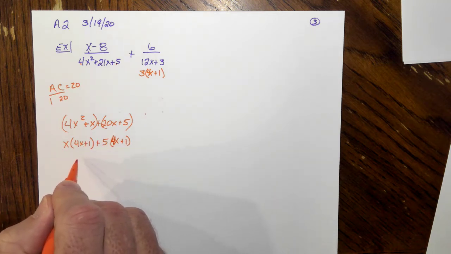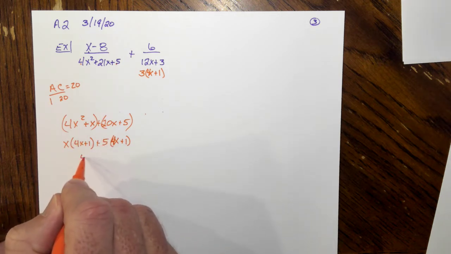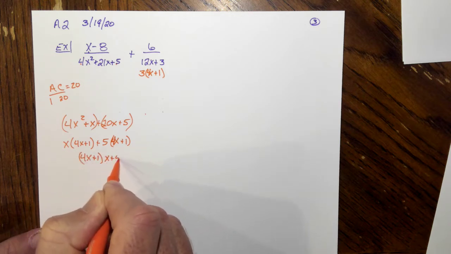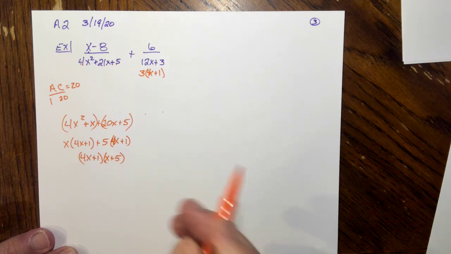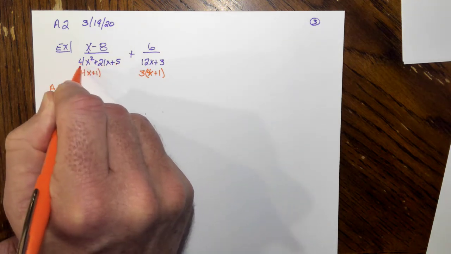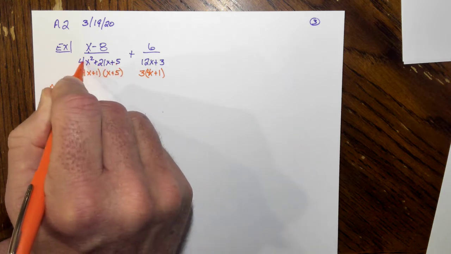As we work this, we will have the quantity of 4x plus 1 times x plus 5. AC method. So, bring it back up here: 4x plus 1, x plus 5.